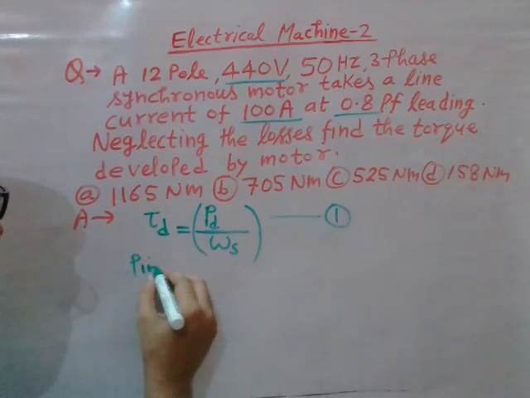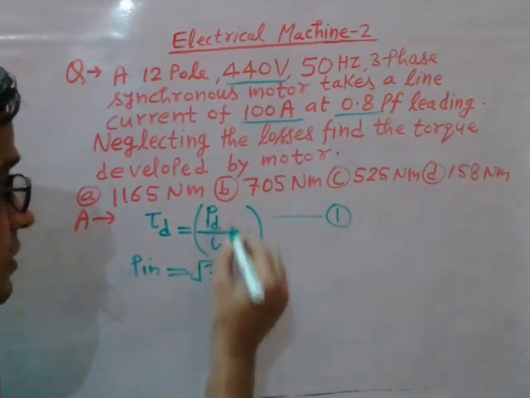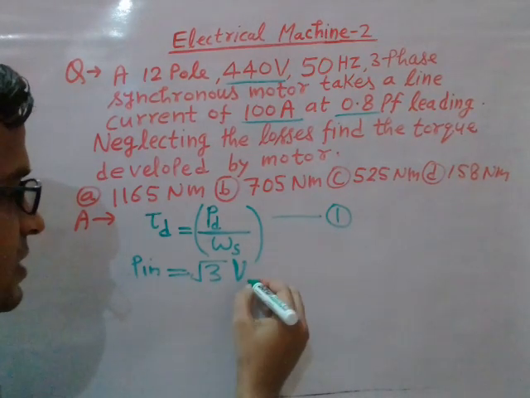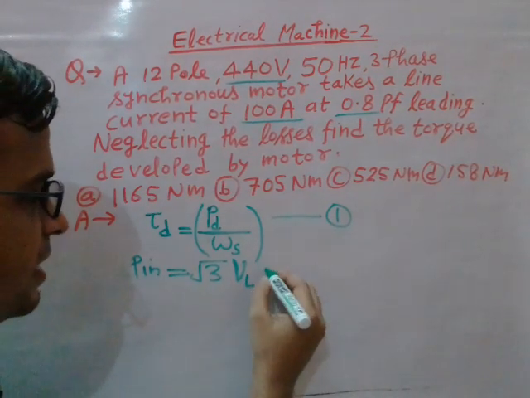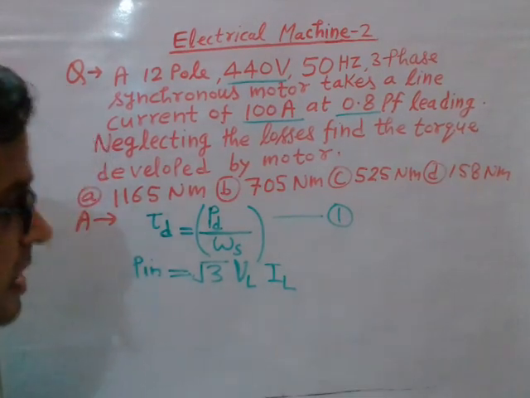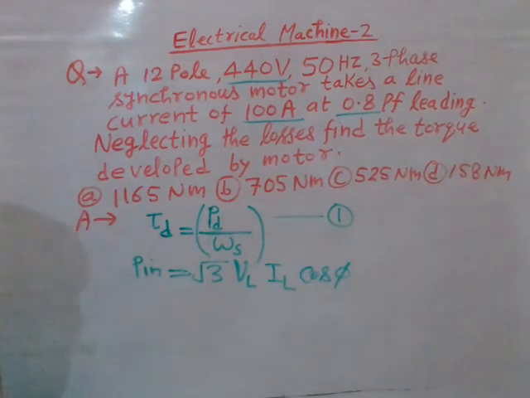P input is nothing but √3 times V line voltage into the line current into the power factor, right?